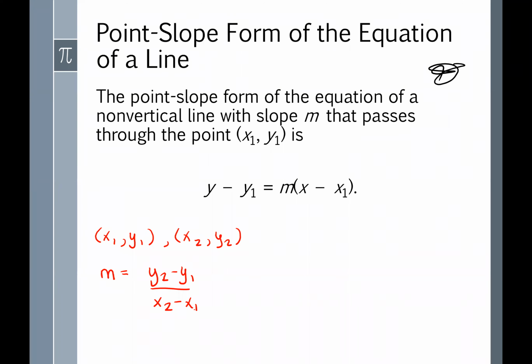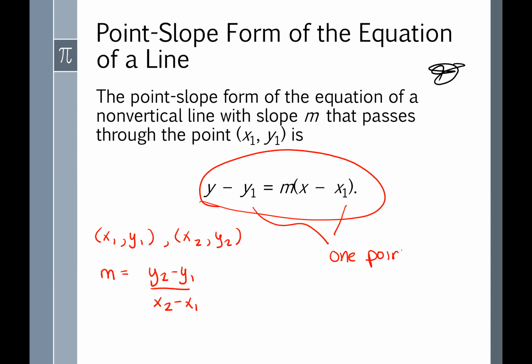And then we use that equation of the slope, and we found an equation of the line, which we have right here, where what we need to know to find the equation of this line is 1 point. Again, why do we designate it x sub 1, y sub 1? That's just to designate that it's a point on this line.